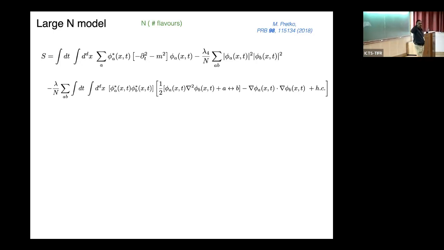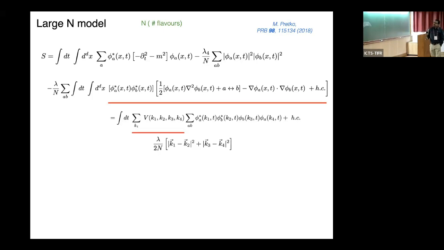We just put n flavors of this, because that allows us to do some large n theory, analytic approximations, and we scale the couplings appropriately by 1 over n and so on. Okay. And then this, if you Fourier transform, looks like complicated k-dependent interactions.